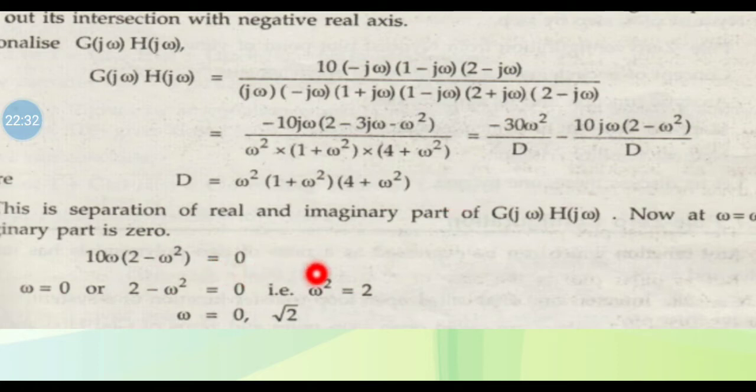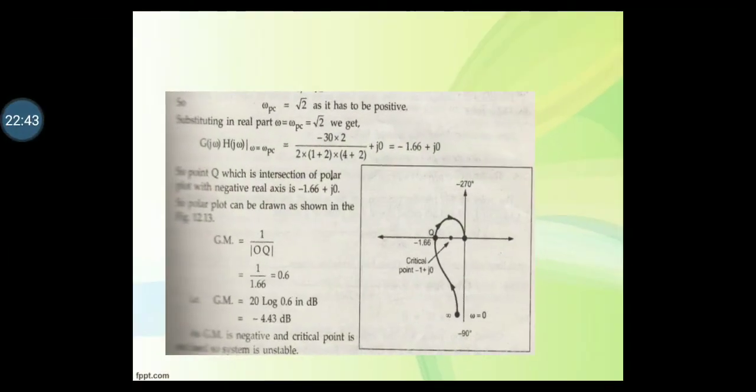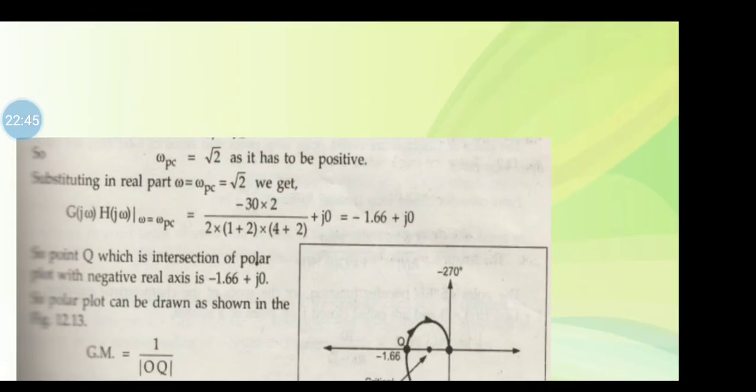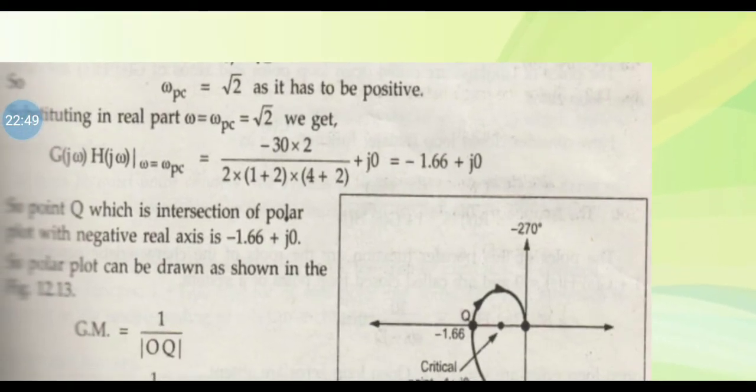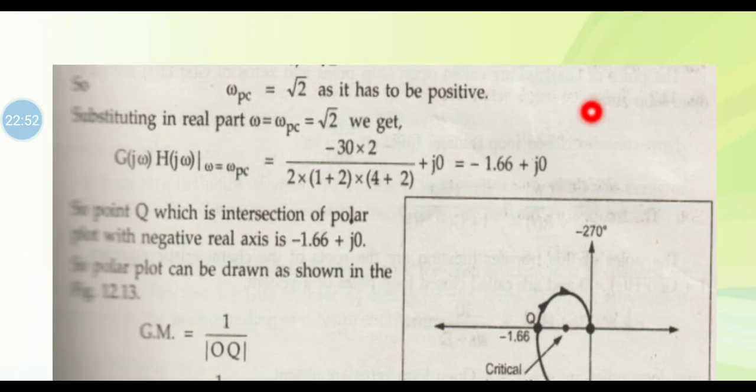Due to that, we get omega square equal to 2. So omega is 0 or omega is root 2. Omega pc is equal to root 2, as it has to be positive.